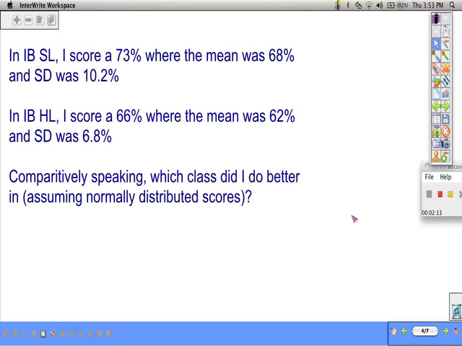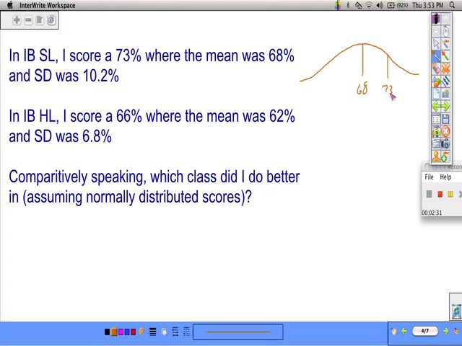I score 73%, where the mean was 68% and the standard deviation was 10.2. So I'm going to change this to a z-score. So here's the mean, 68. I'm at 73.